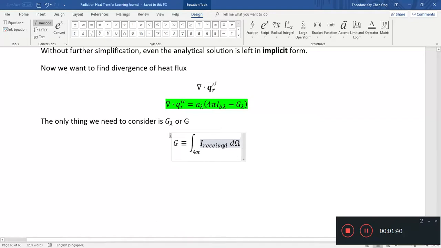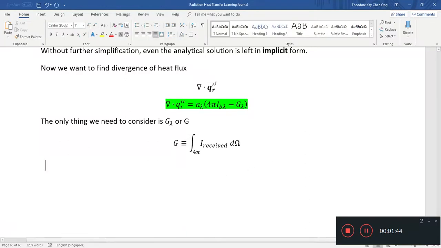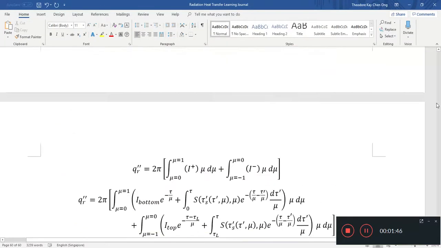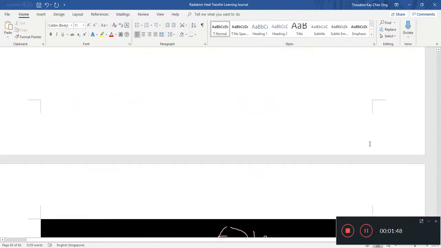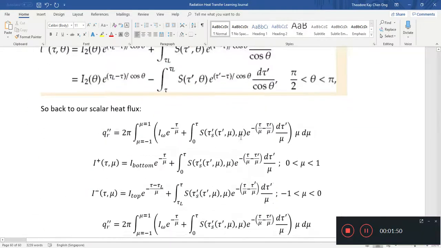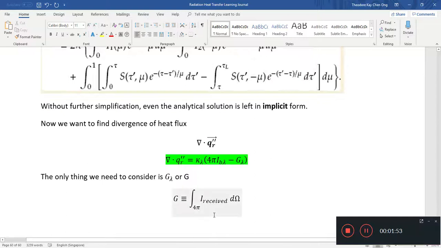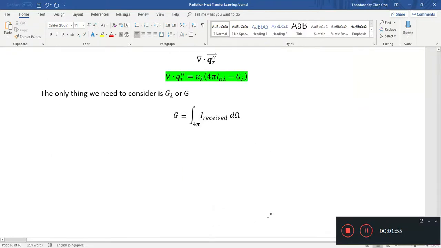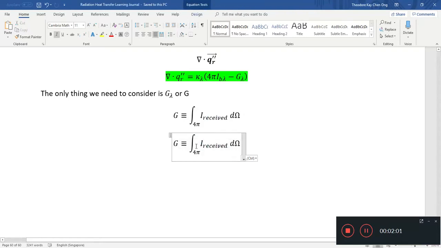So you're getting the radiation received over all solid angles. Alright, that was what we have discussed before. I'm not going to go through too much of that, but we want to get the radiation received, and we want to integrate over all solid angles.